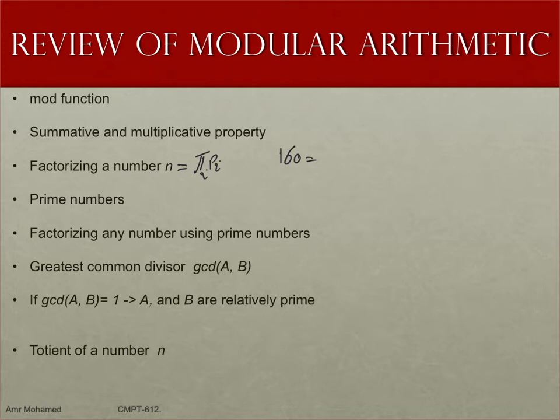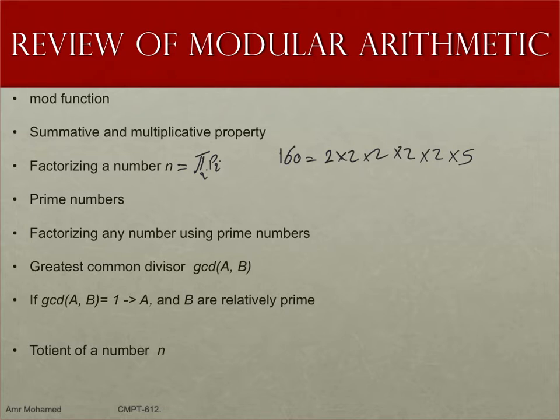And then we can use 2, right? It's divisible by 2, so 160 divided by 2 becomes 80. By 2, it becomes 40. By 2, 20. By 2, 10. By 2, it's 5. And then we cannot use 2 anymore, so we say 5. So this is how we factorize a number.